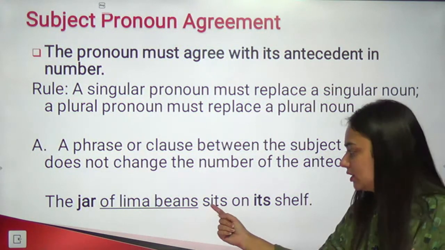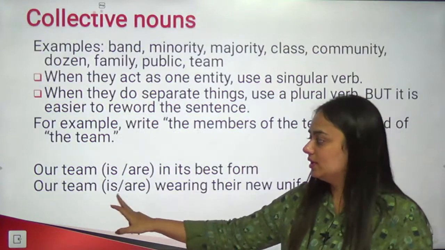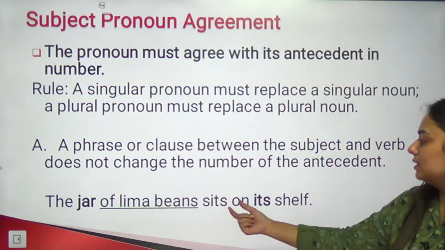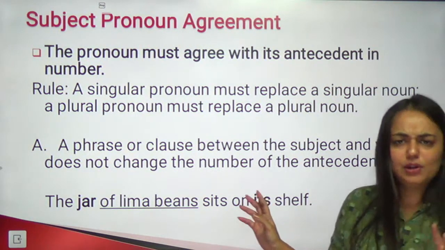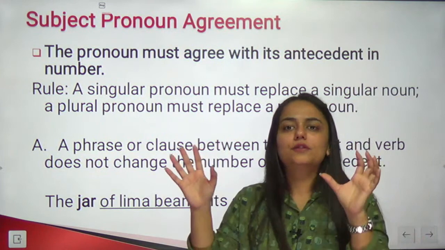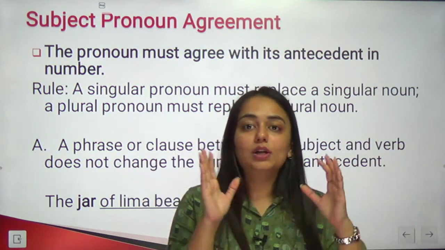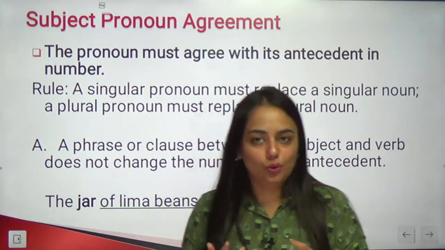Another hint students, इन्होंने खुद verb singular use किया है sentence में, which means कि इन्होंने consider किया है jar को singular. The jar of lima beans sits on its shelf. So simple rule, subject में, verb में और उसी subject के लिए use हुए pronoun में agreement होना चाहिए number में. या तो वो सब singular होंगे या plural होंगे.